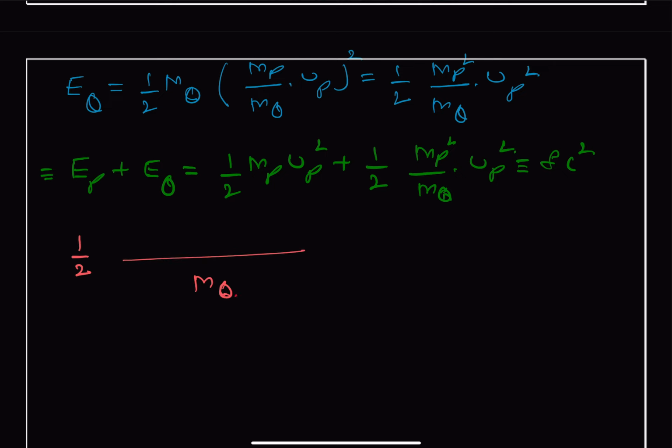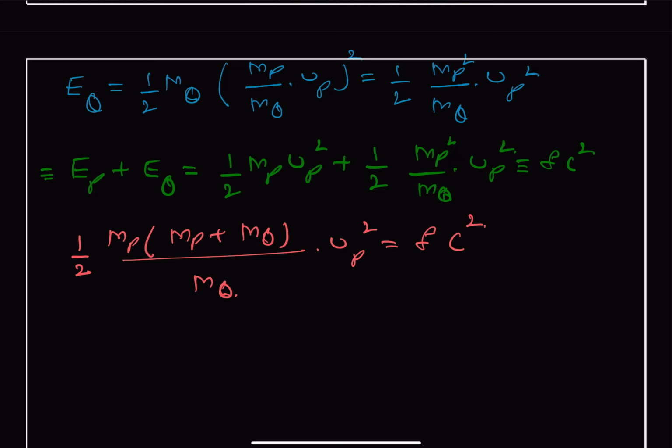MP is common, and this comes as MP plus MQ, and this VP square is equal to delta C square.